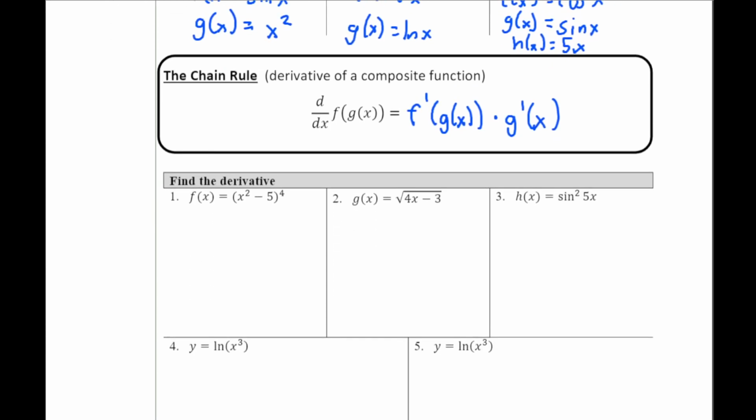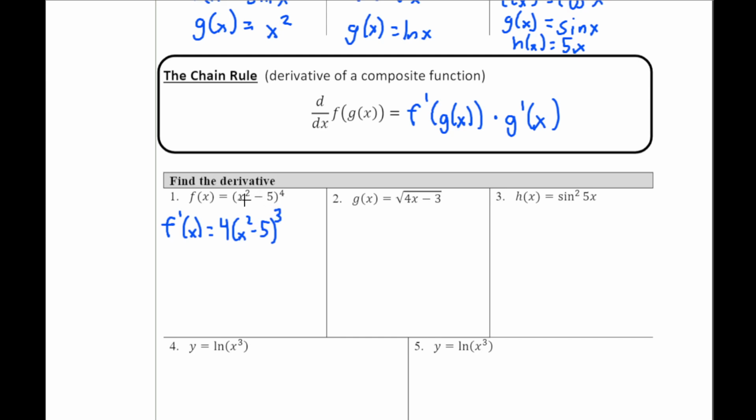If you look at this first one here, find the derivative. So this is x squared minus 5 to the fourth power. So the outer function is the x to the 4. So what we can do here is take the derivative as normal with the power rule, like bring the 4 down. 4 times x squared minus 5, and then 4 minus 1, cubed.